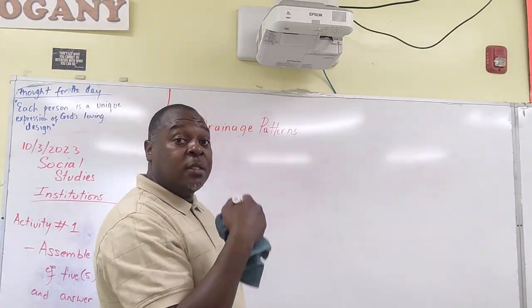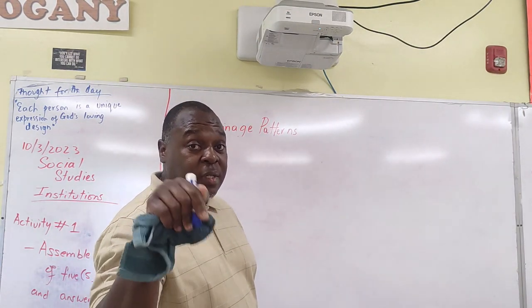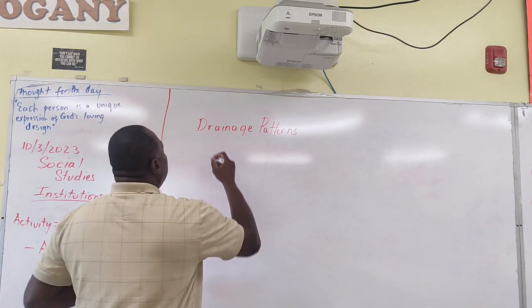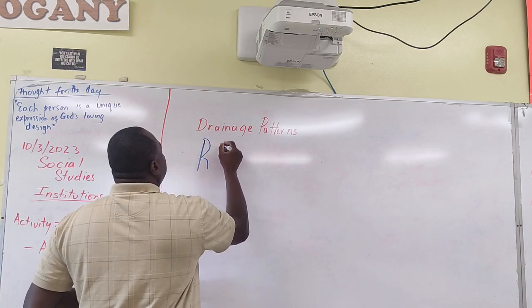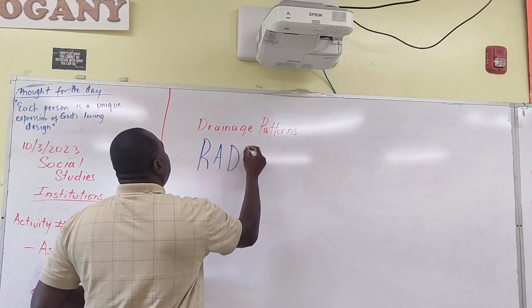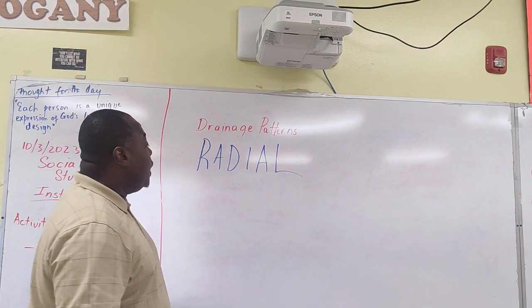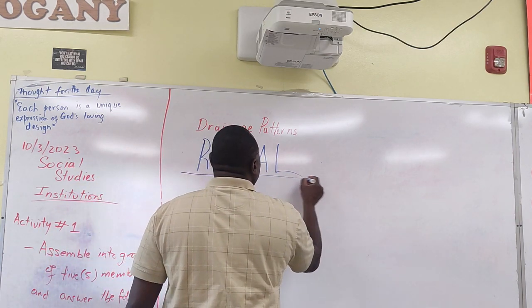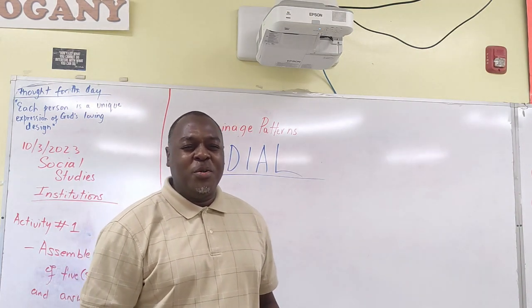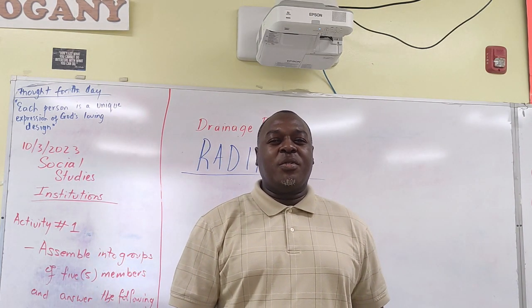The last type of drainage pattern that we'll discuss in this video is called radial. Now, radial is the one that kids love the most. They seem to love to draw it.